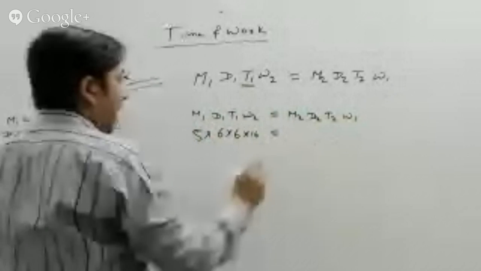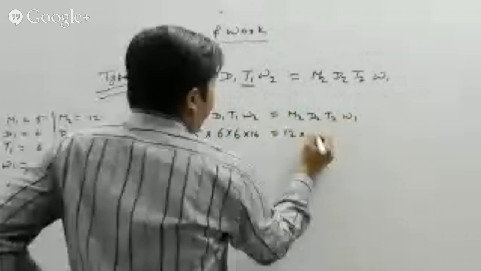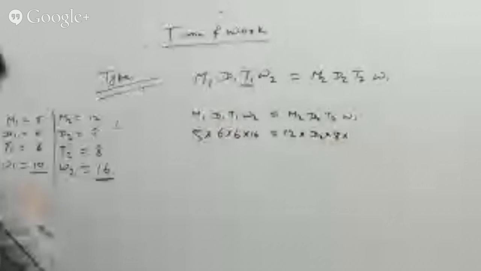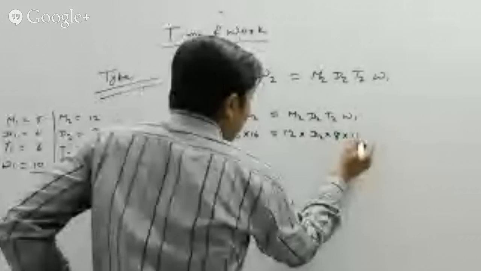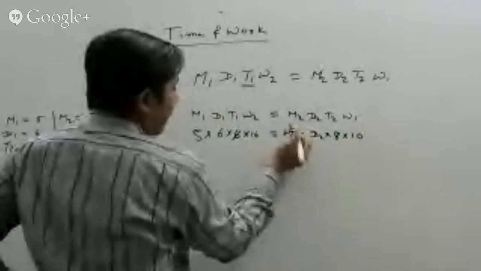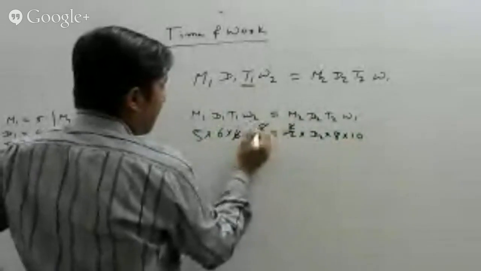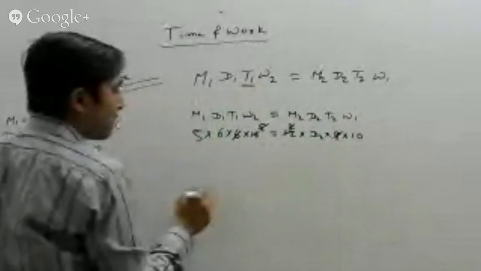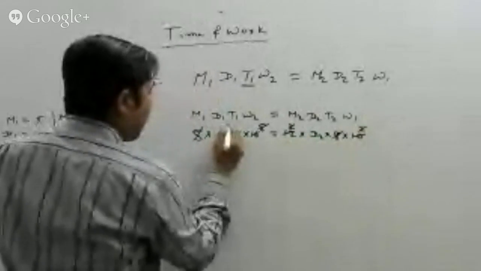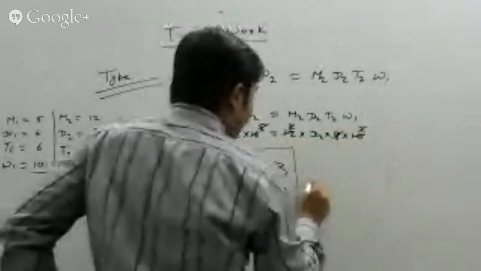M2 12, D2 we have to find out, T2 is 8 hours and W1 is 10. Now solve. And D2 is equal to 3, which is the required answer.